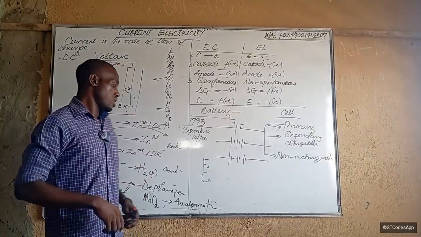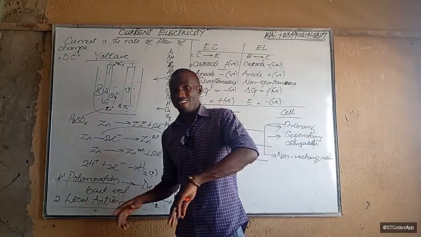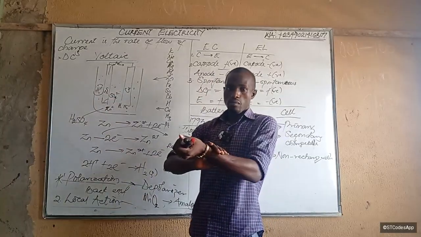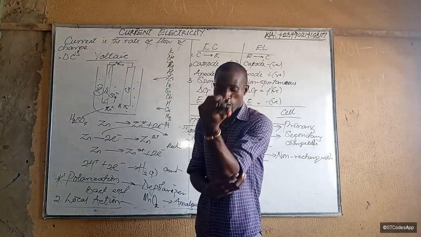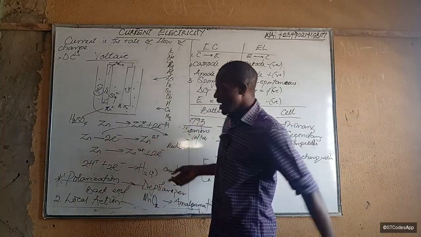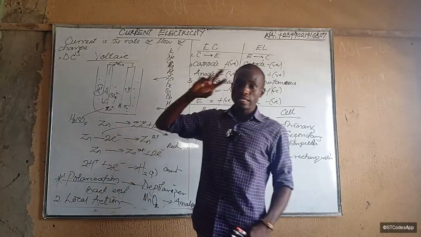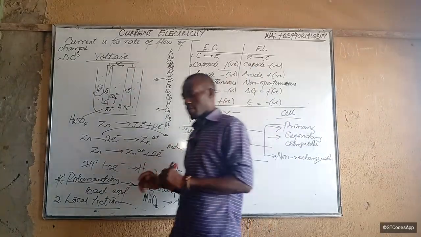Just remember that. So in amalgamation, the zinc metal, when it is not in use, is rubbed with mercury. You cover it or coat it with mercury. Coating with mercury prevents internal EMF from being set up when the cell is not in use. Is that clear?